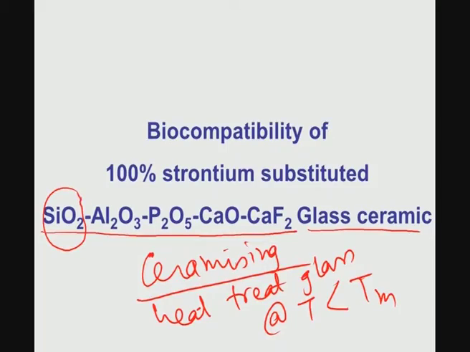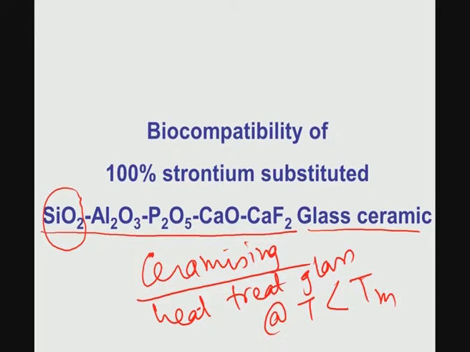Any specific composition may not be glass forming; you need a composition which has glass forming ability, like silica, SiO2, for example. And this particular material also contains silica.